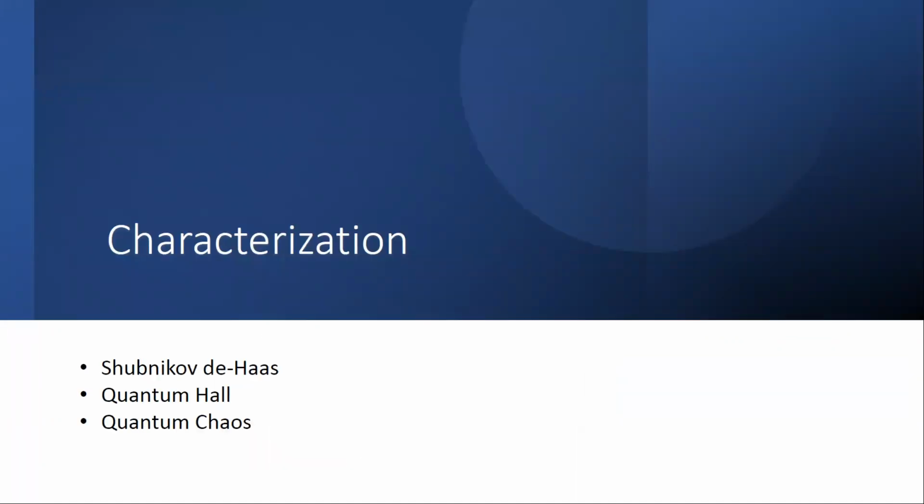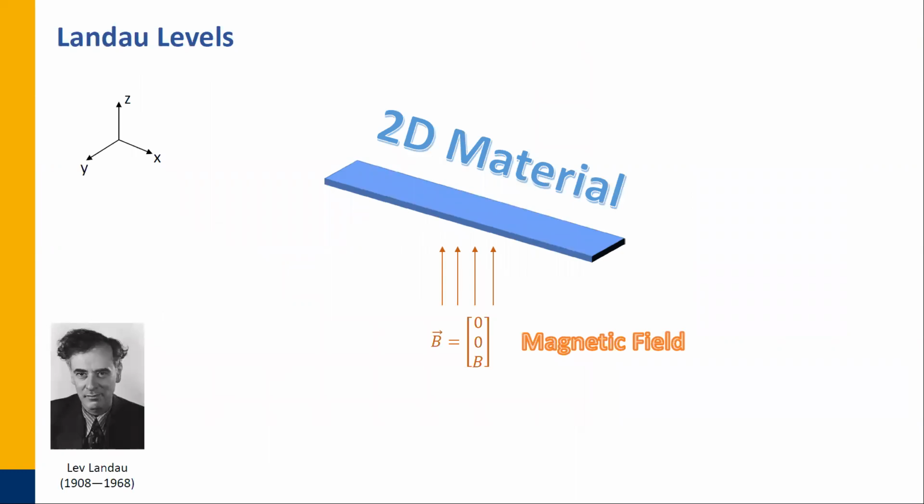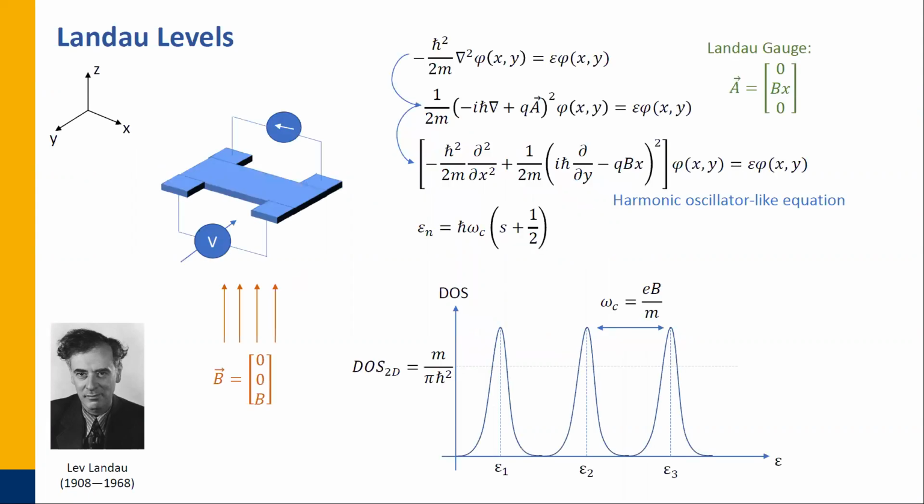Well, so we did some measurements to try to understand what was going on. Shubnikov-de Haas, quantum Hall, quantum chaos. So the first one was Shubnikov-de Haas. But to understand Shubnikov-de Haas, we have to go back and do Landau levels. So consider again, we have a two-dimensional material and we apply a perpendicular magnetic field. Considering that we are in the coherent regime, we don't have any scattering event inside the material, it's all coherent.